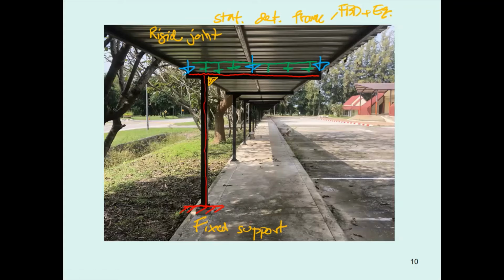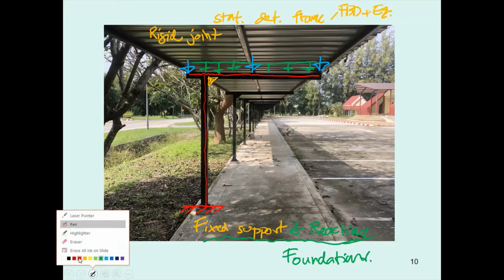And I would like you guys to do some practice. You are given the dimensions. You may analyze this frame to determine the reactions at the support, and you study soil mechanics. You can design the footing, or you can design the foundation of this frame. And also you may use the knowledge from the theory of structures.